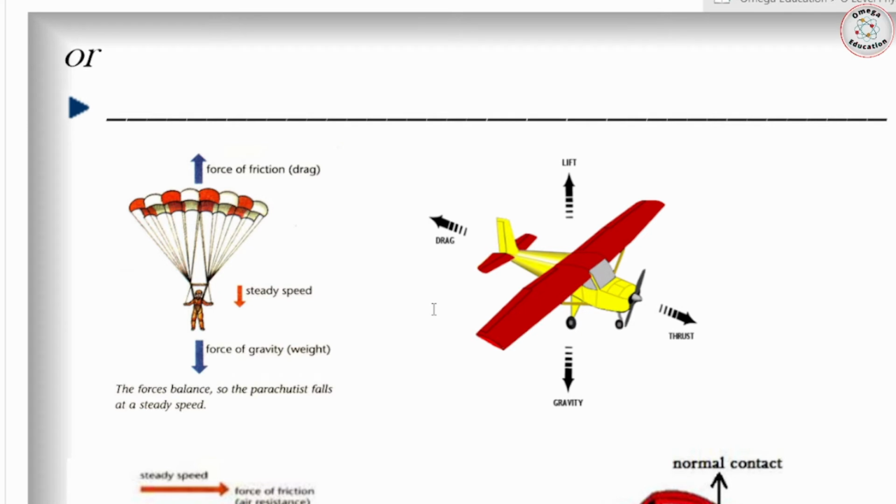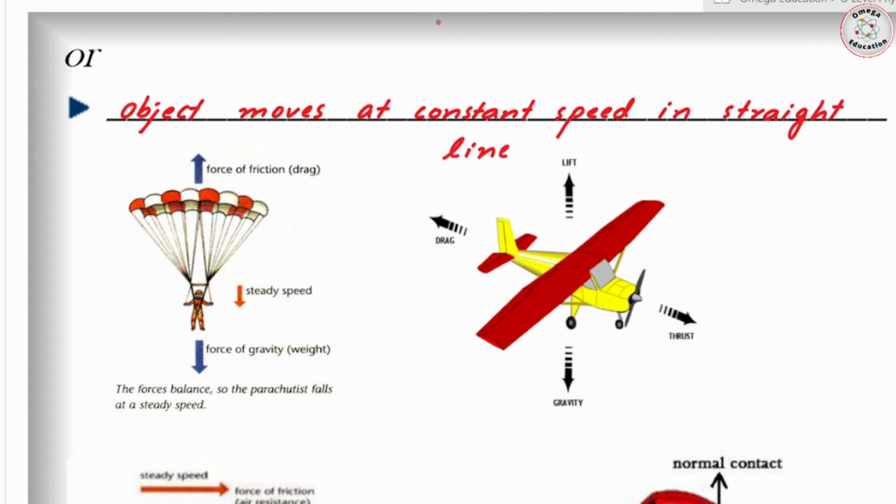There's another situation. If the forces are balanced, then the object can be moving as well. But if it is moving, the object moves at constant speed in a straight line.